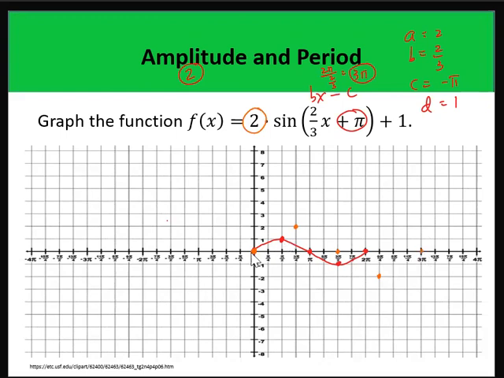Okay, so connecting these orange points by the sine pattern, that's the graph of y is equal to 2 times sine of 2/3 x.